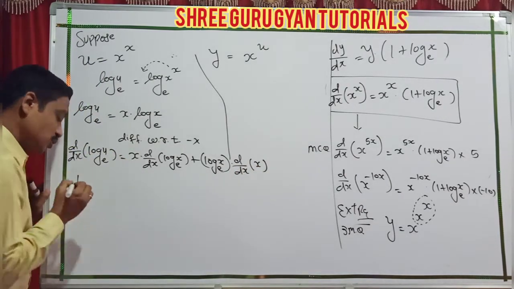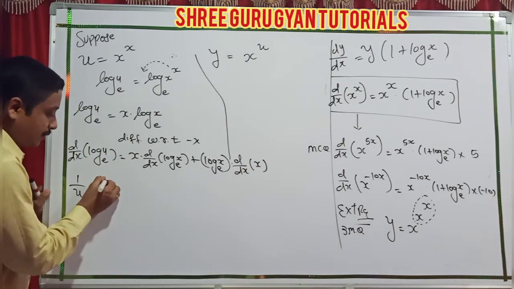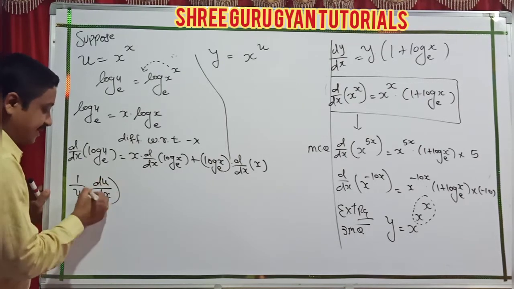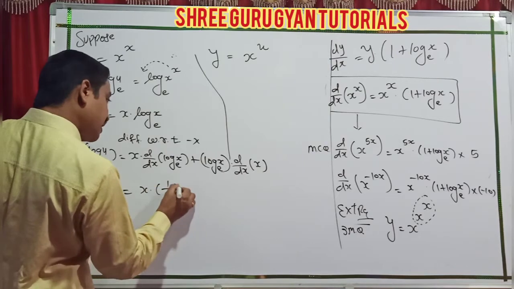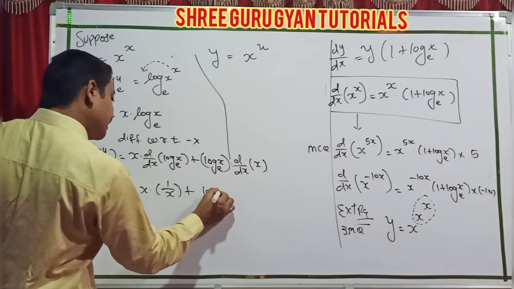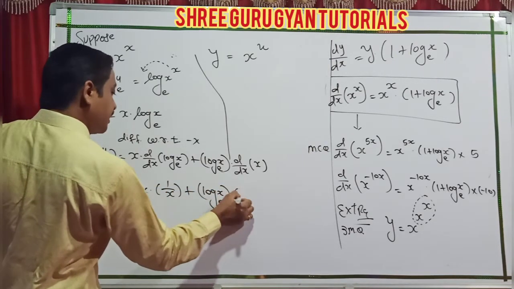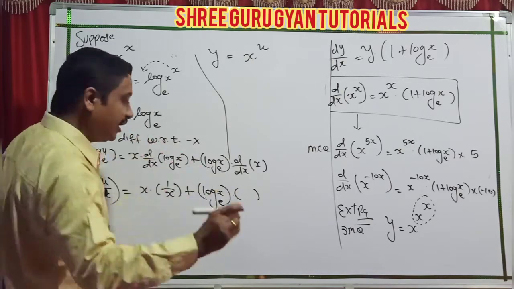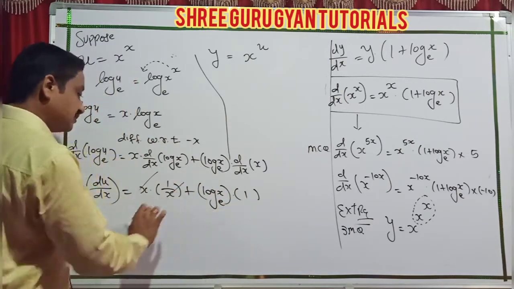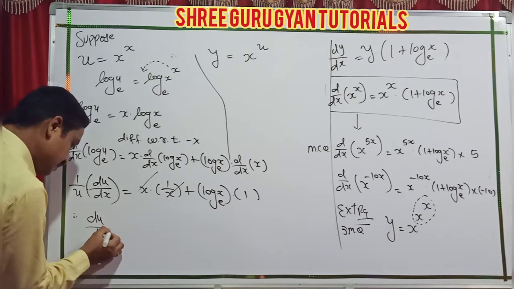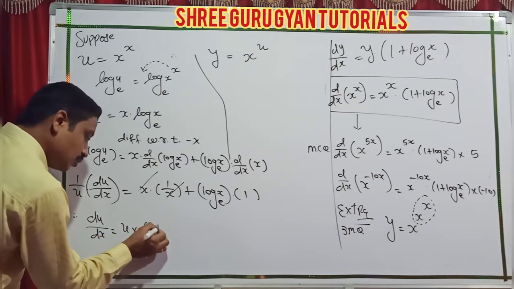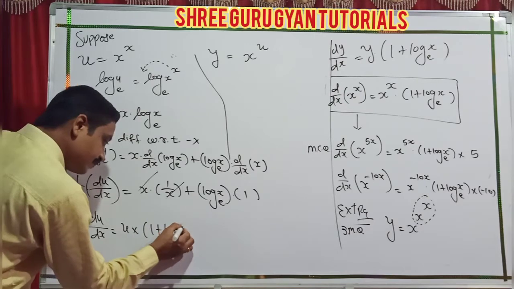So what is the derivative of log u base e? It is 1 by u, and u's derivative du by dx. Yes. Here log x derivative is 1 by x, and that is the same, and the derivative of x with respect to x is only 1. This cancels. So what you get is du by dx equals u into 1 plus log x base e.